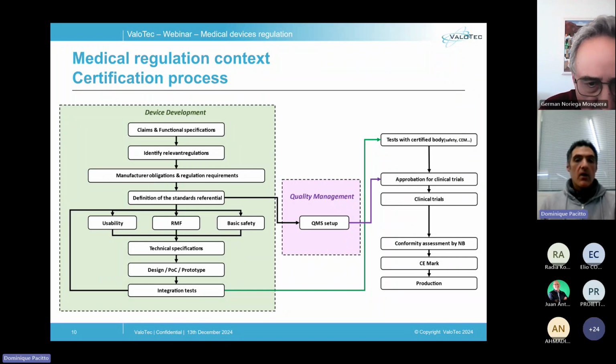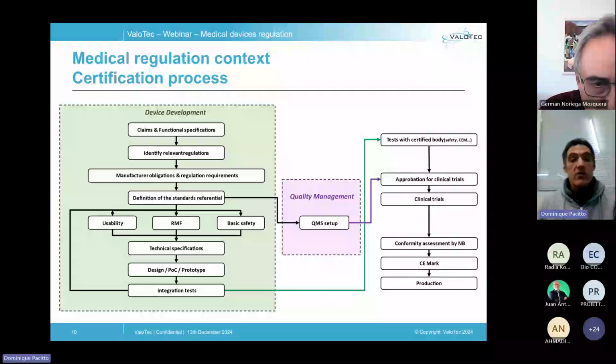With the claim, with the functional specification and the regulatory constraints, the manufacturer can then write the technical specification used to perform the engineering tasks, such as the design or the development of a proof of concept or a prototype, and up to the integration test.